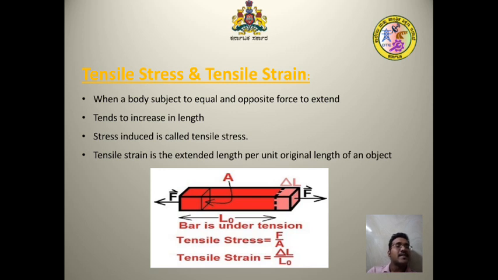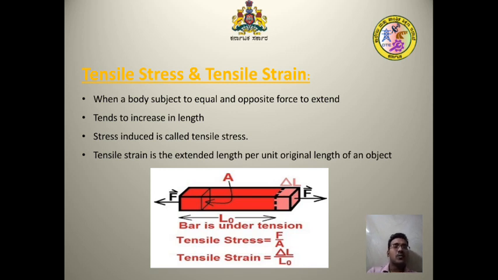There is a change in length, right? You can observe the figure, that is L0, the original length, and you can see delta L. Delta L is nothing but the change in length. Whenever the tensile forces are applied at both the ends, the material is stretched.